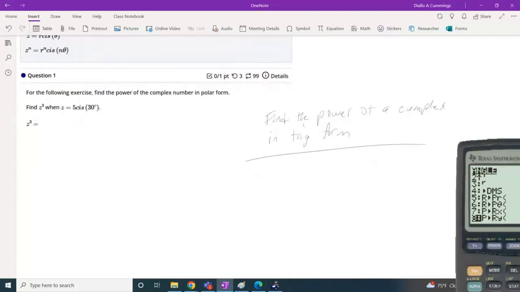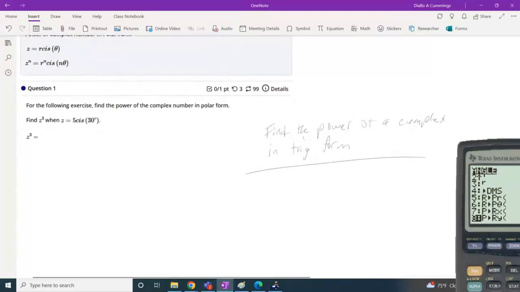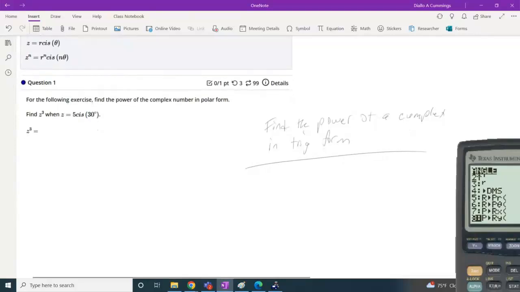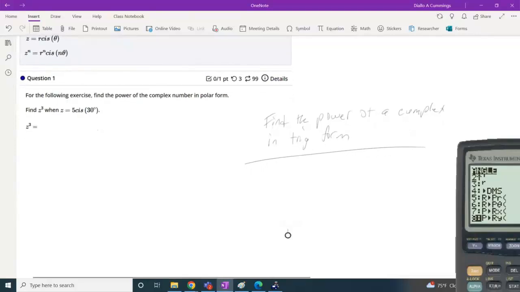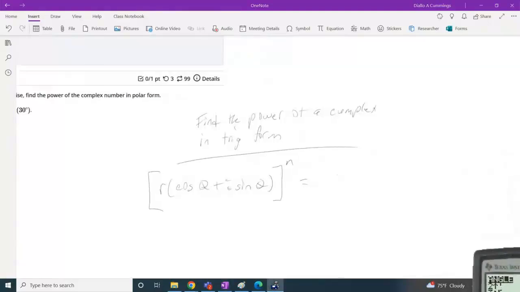Okay, first off, you need to have your number in trig form. Once your number is in trig form, I'm just going to write it out like this: R times the cosine of theta plus I times the sine of theta, right, raised to some power n.